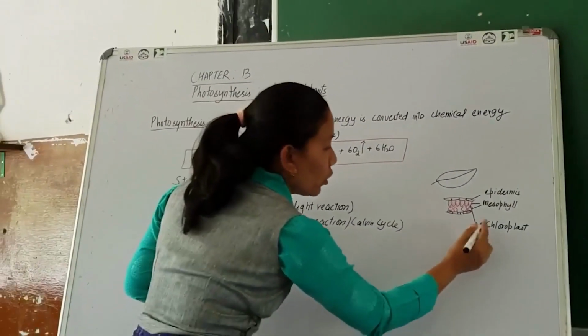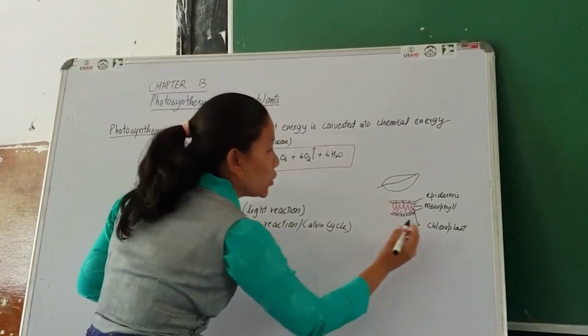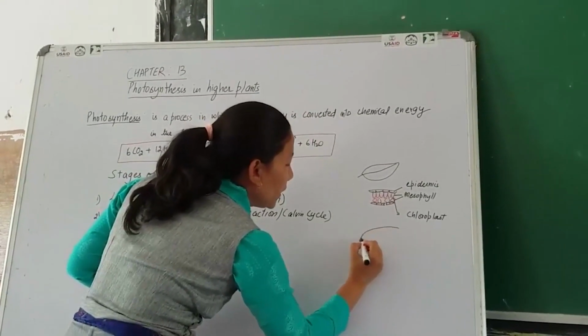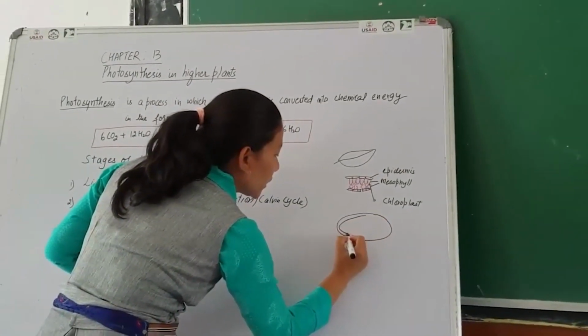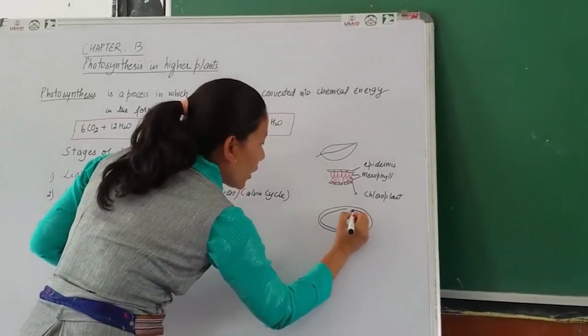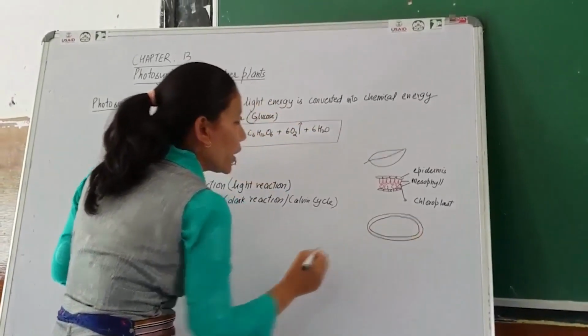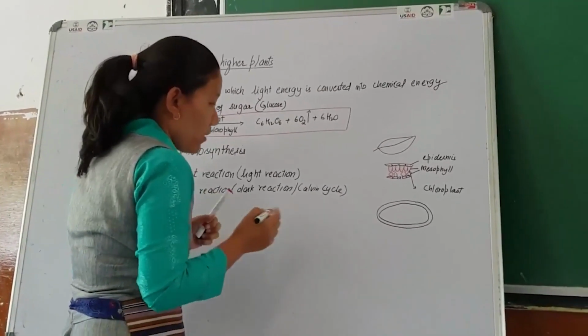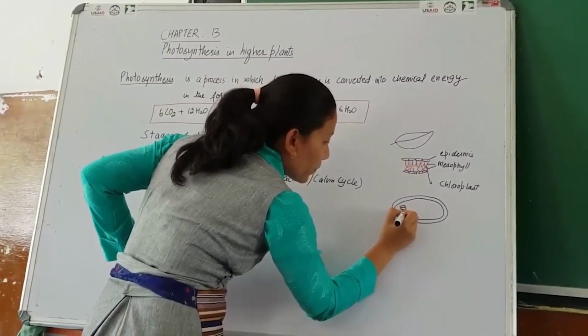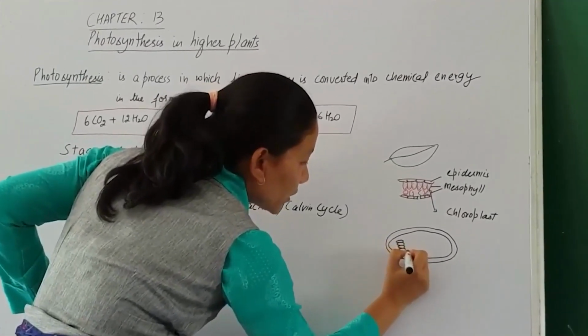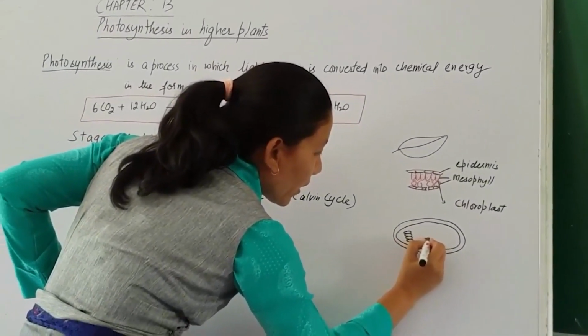Let us again recall the structure of chloroplast. The chloroplast is a double layered membrane structure having an outer membrane, an inner membrane, and inside this there are structures called granum, and a number of grana are there.